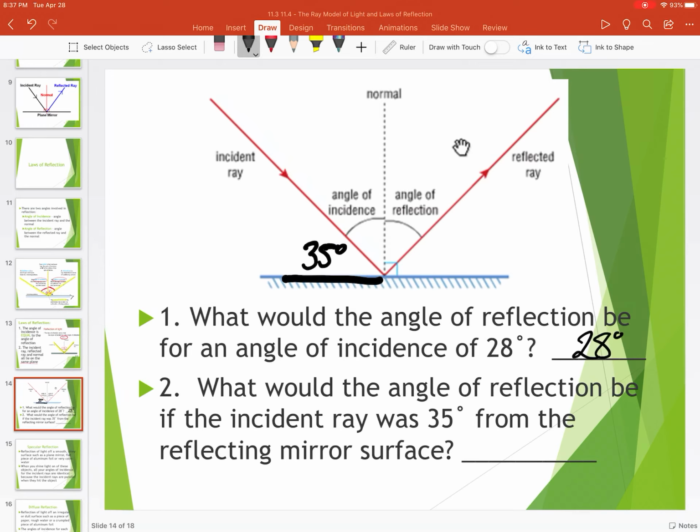Based on everything we know, the normal is perpendicular, so this is going to equal 90 degrees. And so 90 minus 35 leaves us with an angle of 55 degrees. It's asking us for the angle of reflection, and if we know the angle of incidence is 55 degrees, then the angle of reflection will also be 55 degrees.